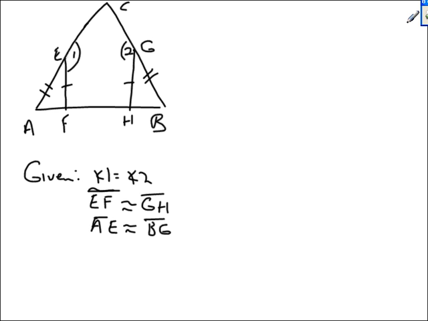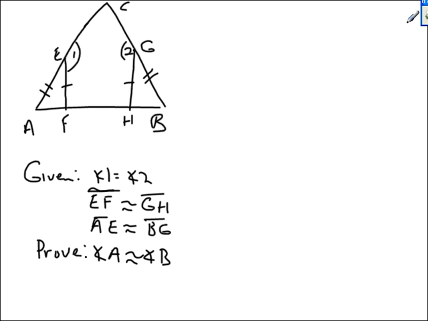And what we want to prove is that those base angles are equal. We want to prove that angle A and angle B are, in fact, equal to one another.